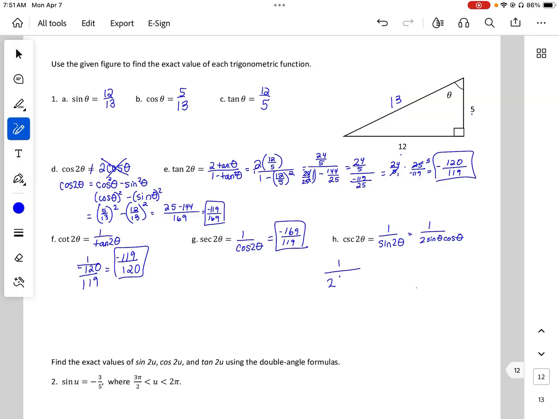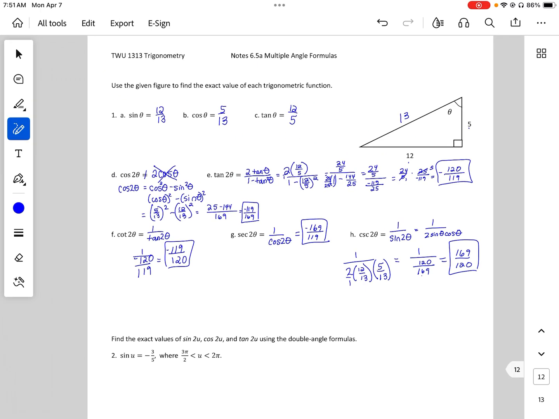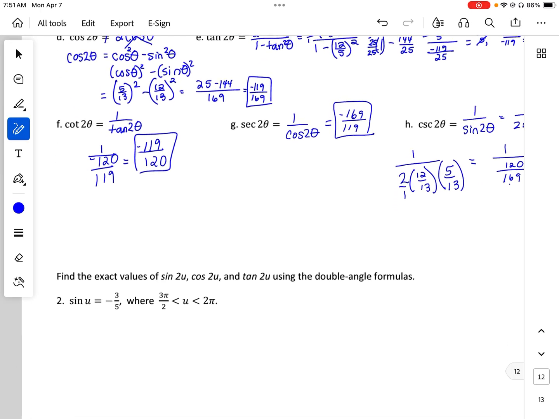So 1 over 2 sine theta cosine theta. Sine theta is 12 over 13, cosine theta is 5 over 13. Multiply straight across, and the final product is 169 over 120.